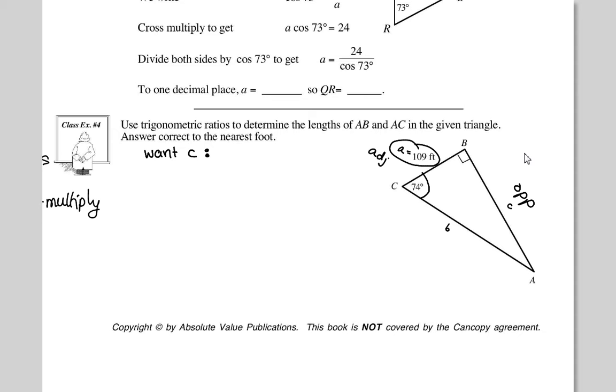Adjacent. So then I'm like, okay, SOH CAH TOA. Which one do I know nothing about? Hypotenuse. I don't know anything about the hypotenuse. So I can't use this and this. I can only use tan. So then I'm like, okay, write down the formula.